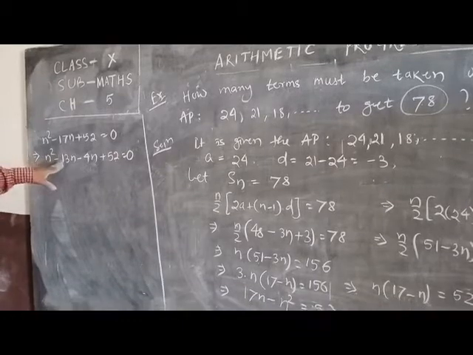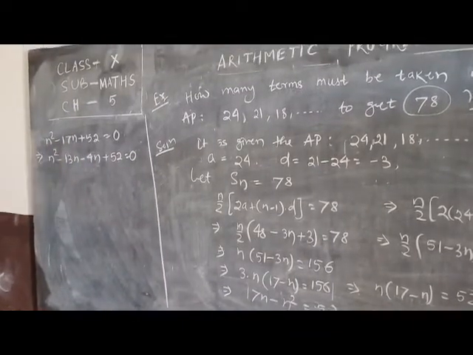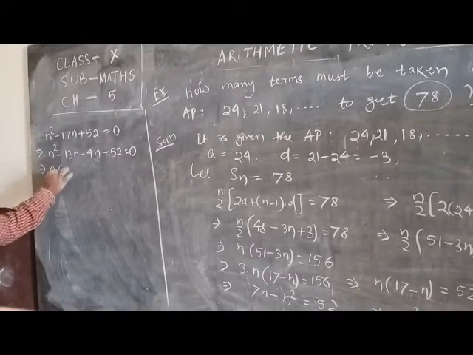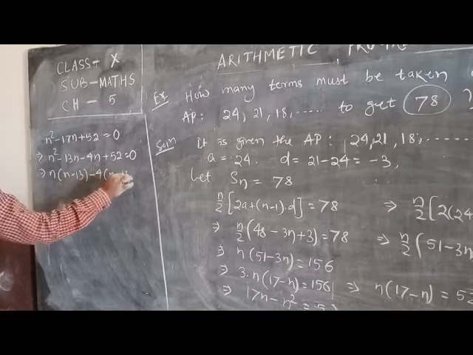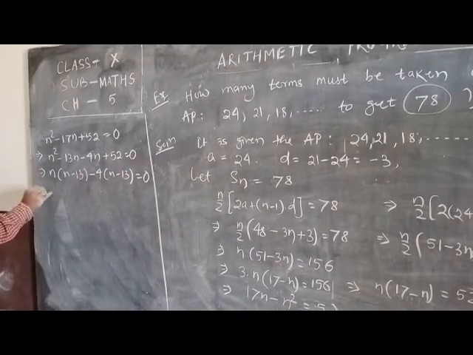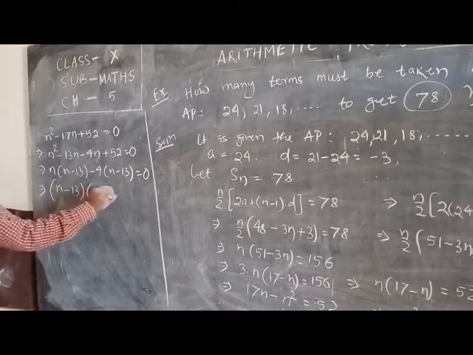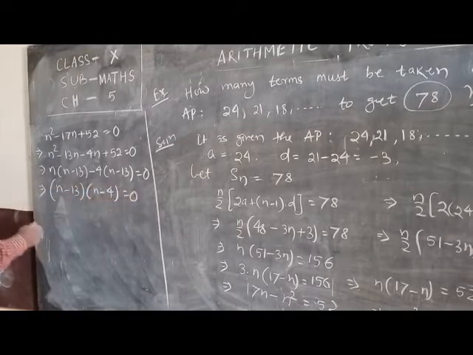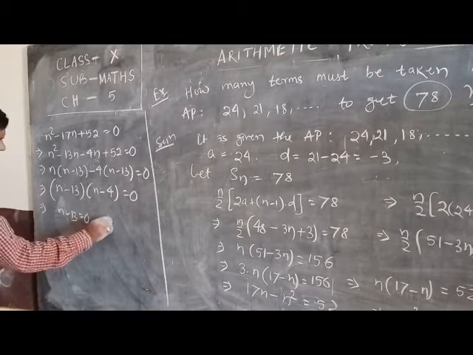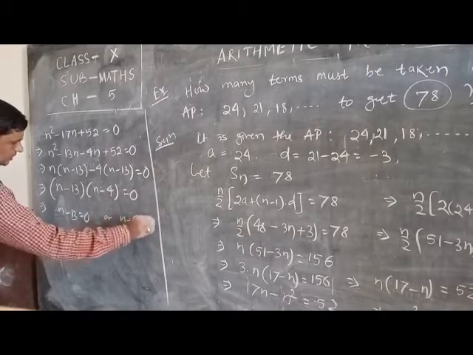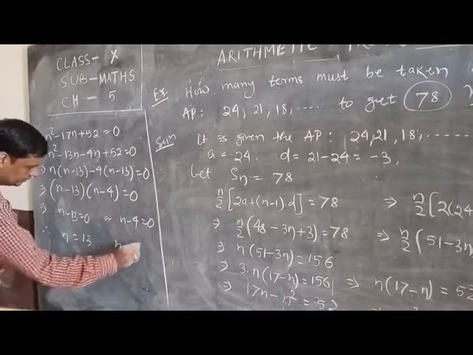The sum of minus 13 and minus 4 is minus 17 and the product is 52. This implies n into n minus 13 minus 4 into n minus 13 is 0. This implies n minus 13 into n minus 4 is 0. This implies n minus 13 is 0 or n minus 4 is 0. Therefore, n will be 13 or n will be 4.